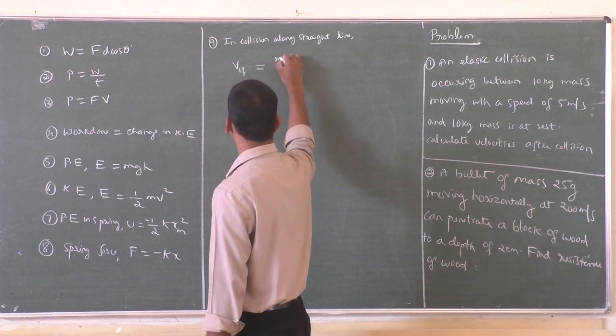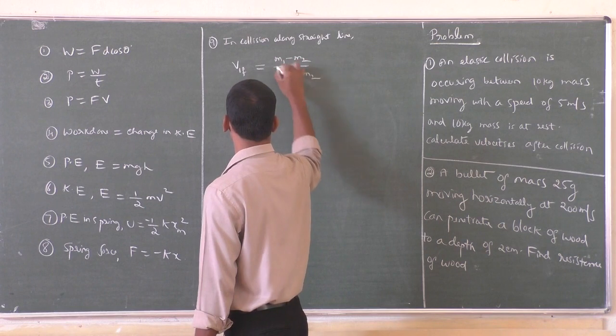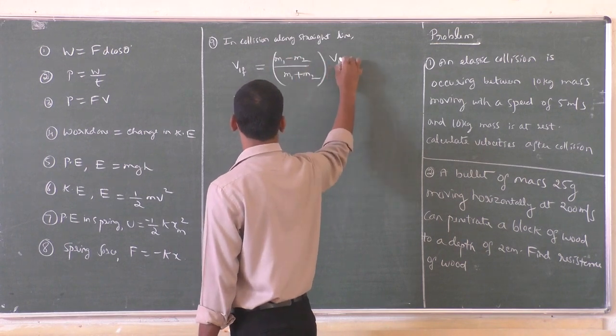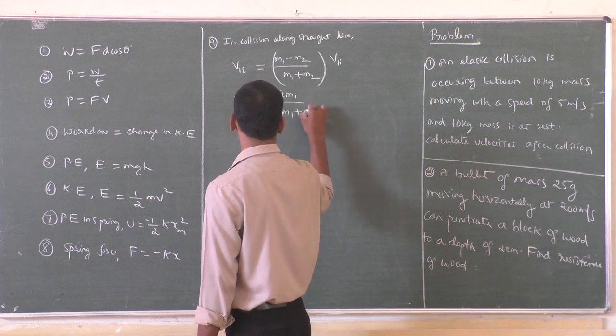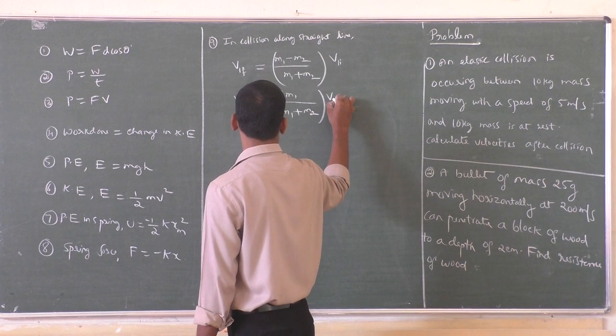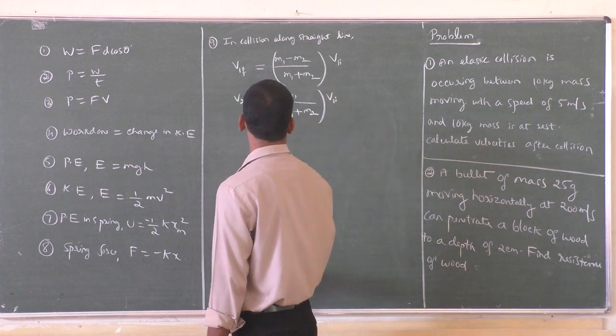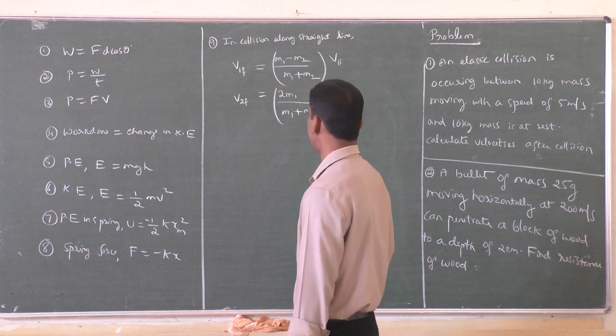V1F is equal to m1 minus m2 by m1 plus m2 into V1I, and the other formula is 2m1 by m1 plus m2 into V1I.